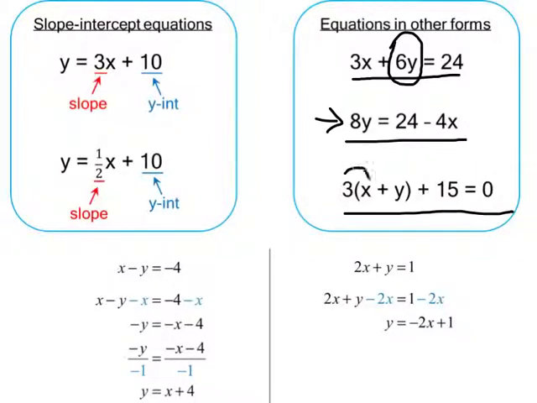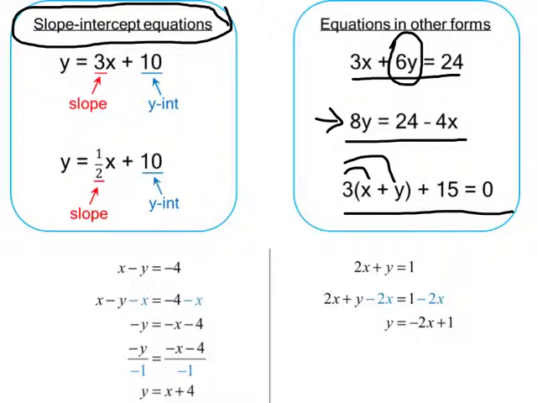In this one, we need to distribute and then move this 3x and this 15 to the other side, because our goal is to get our equation into the form of what is called a slope-intercept equation. And that would be y needs to come first, y equals something times x plus or minus something else. Okay, and all of these things have meanings, and we're going to get into it a little further when we get into the actual graphing lesson.